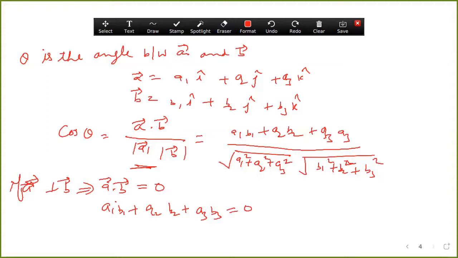Now let's discuss along with this the cross product. Cross product means when you are multiplying two vectors, you are getting a vector quantity, not a scalar quantity.